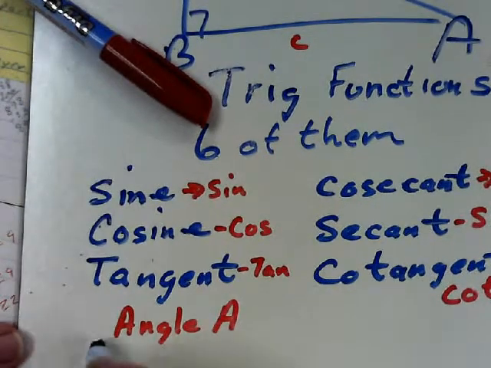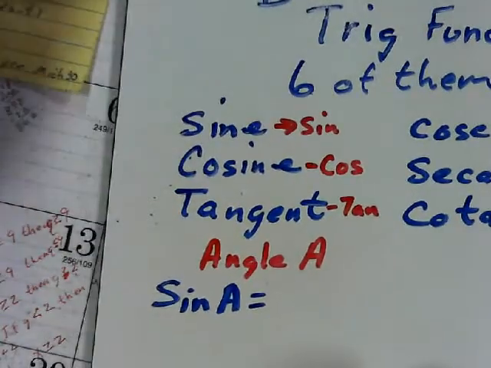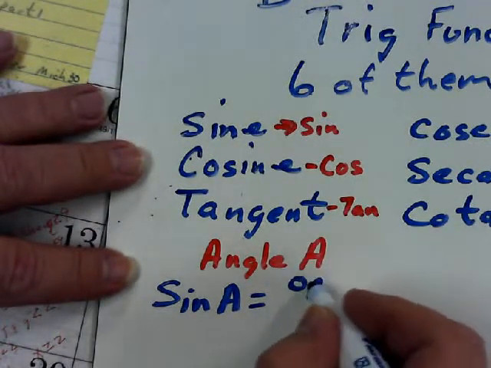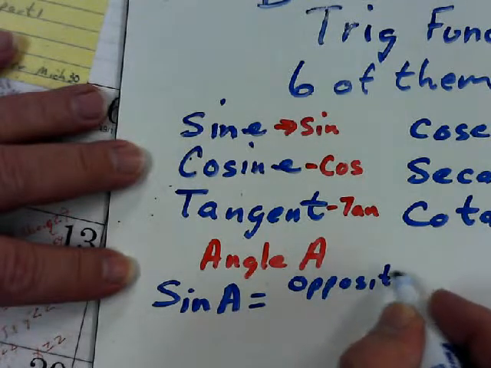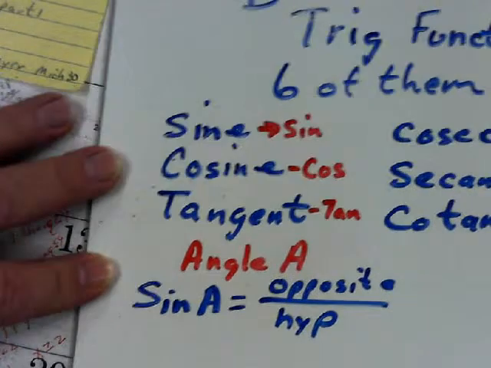So if I'm looking at the sine of angle A, the definition of sine is opposite over hypotenuse. I'm going to start using abbreviations.